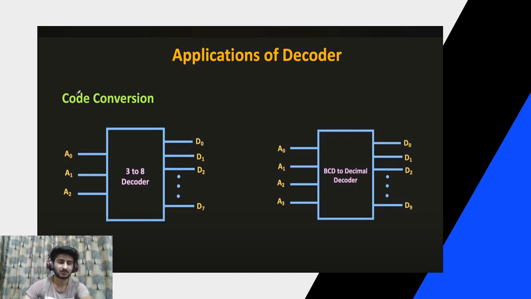First is code conversion. It converts a binary number into an octal number. For example, if you take the 3 to 8 decoder and the input 0, 0, 0, the first output, D0, will be active and the others will be inactive.